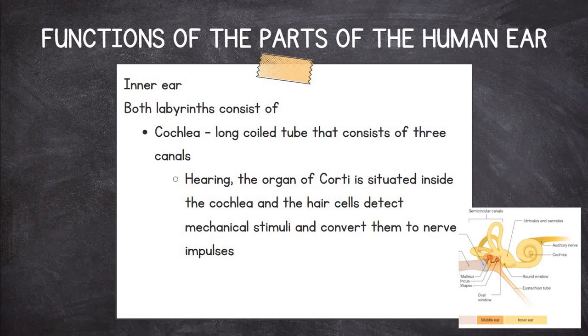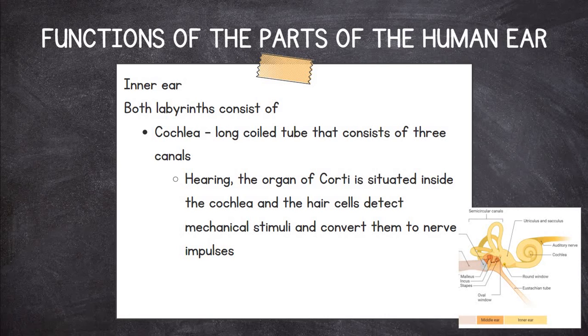Then the cochlea, this is a long coiled tube that consists of three canals. So hearing is a very important function of the cochlea. So the organ of Corti is situated inside the cochlea, and the hair cells detect mechanical stimuli and then convert those stimuli to nerve impulses.